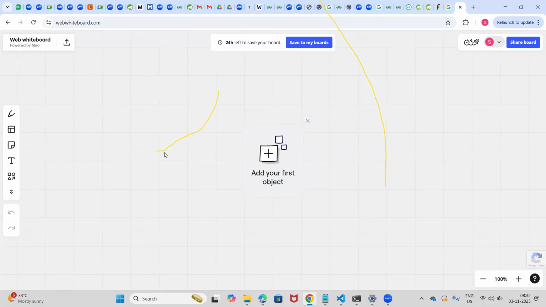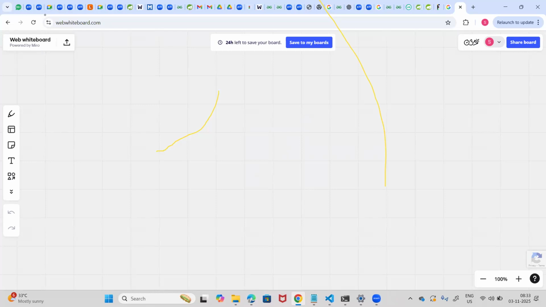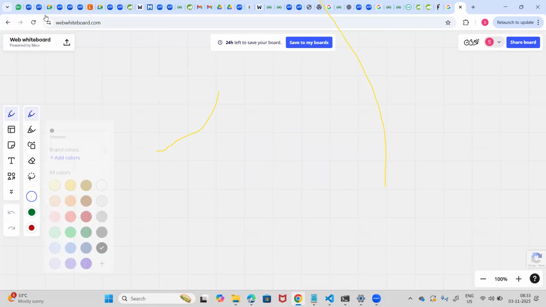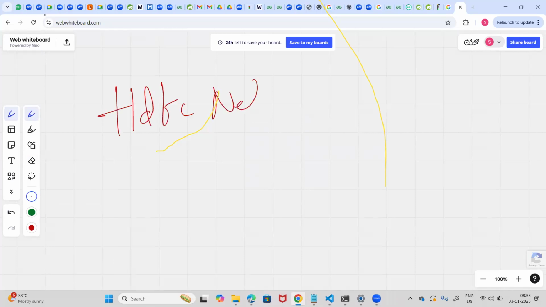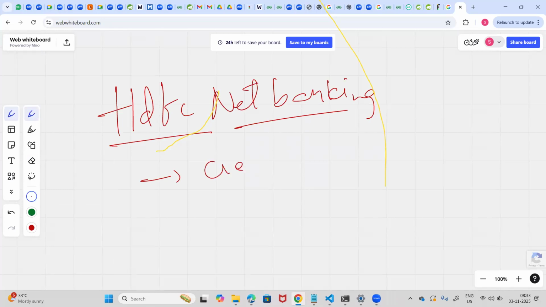Loan application, loan service, payment transfer, payment UPI transfer. Current account, credit card, like that. Term deposit, current account, saving account. So in HDFC net banking, I can see multiple services here. Credit cards, I think everyone is a victim of credit card, right?